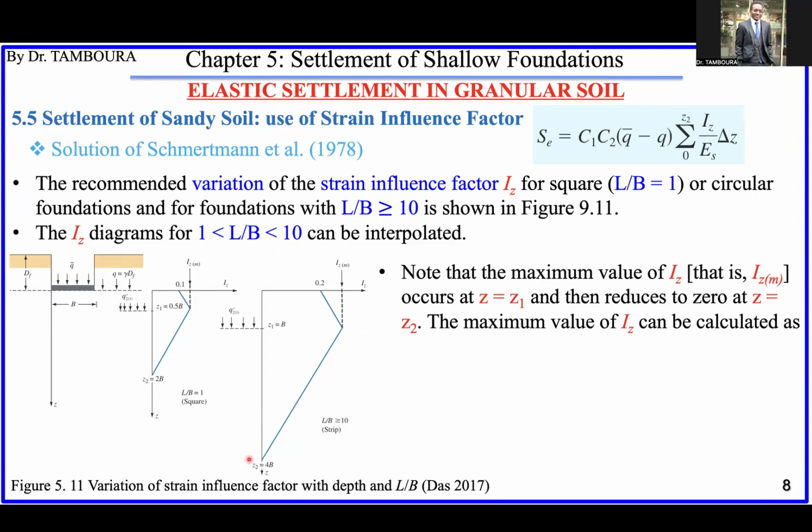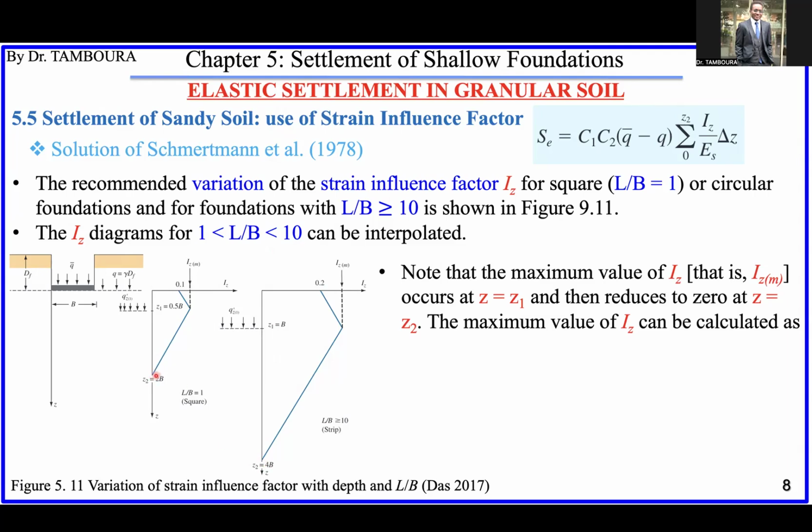Okay. So this maximum IZ is happening at the depth Z1. Okay. Z1 doesn't have the same value for each type of foundation. Okay. And then at Z0, everything becomes 0.